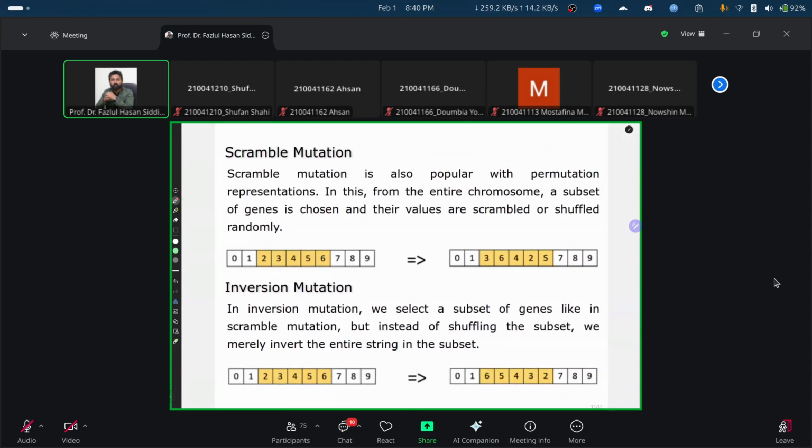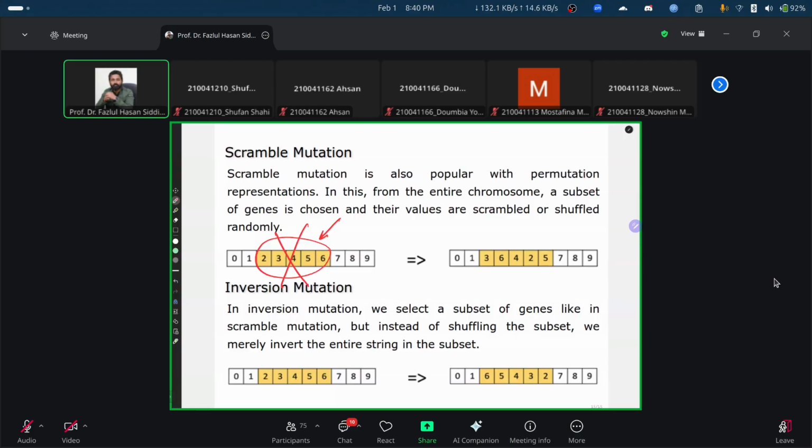And the last two are the scramble mutation and inverse mutation. What is scramble mutation? This is against the points I have explained. It's not a small change. Sometimes, for example, if you have a chromosome of 1,000 elements, or 1,000 genes, just choose a subset which are usually in a very conflicted situation.